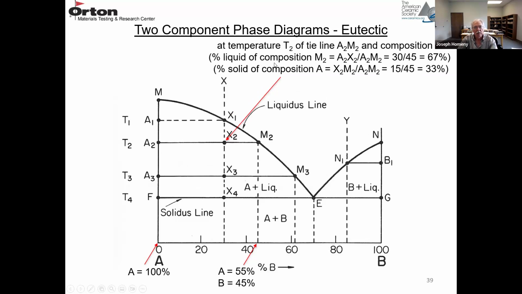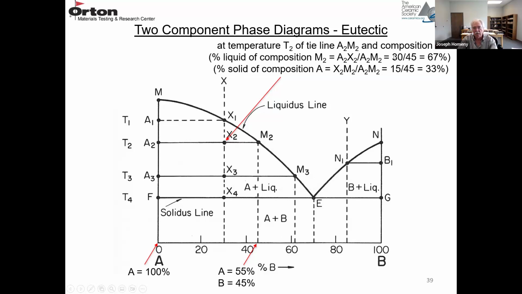So we can get the percent liquid of composition M2, which is again 55% A and 45% B, and we can get the percent of solid composition A, this N component here. So using the lever rule for the percent of the liquid present, it's this portion, A2 X2, divided by A2 M2, and in percent, that's 30% divided by 45%, or 67%.